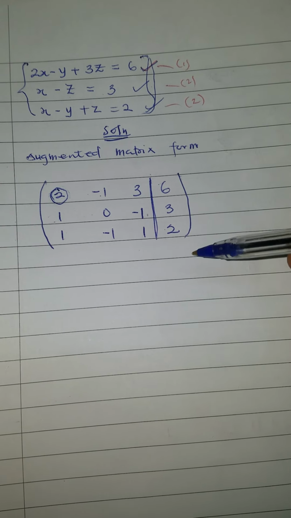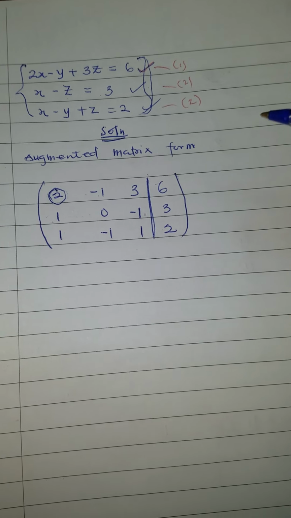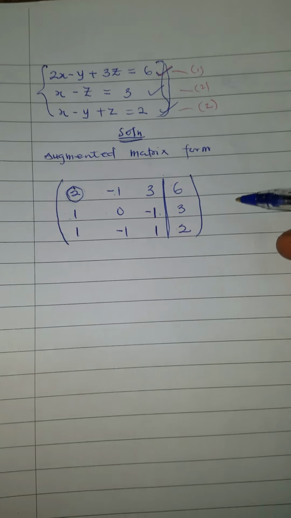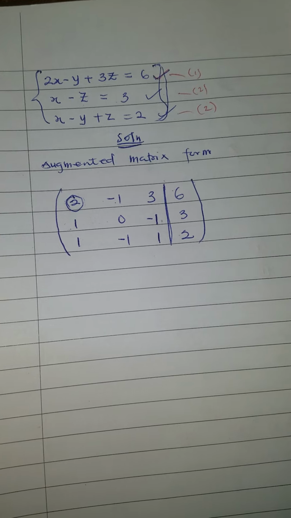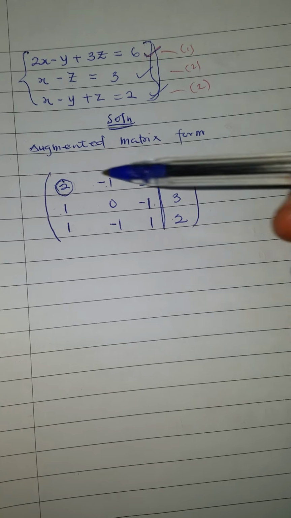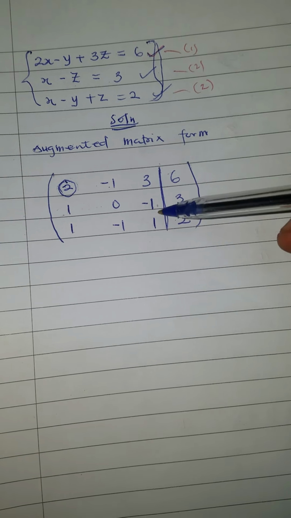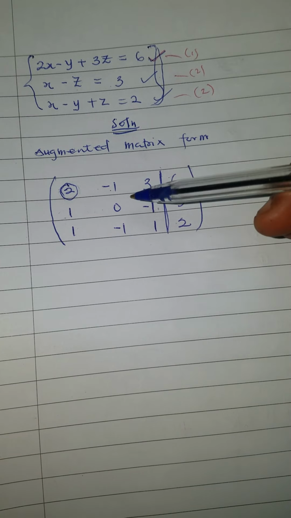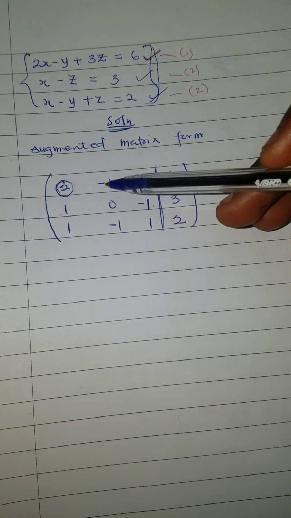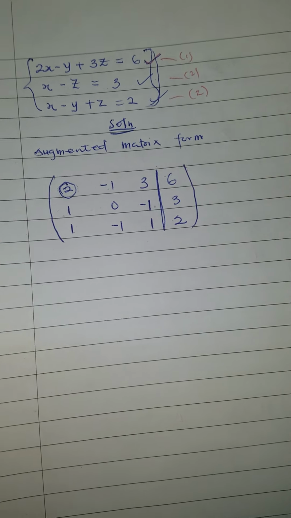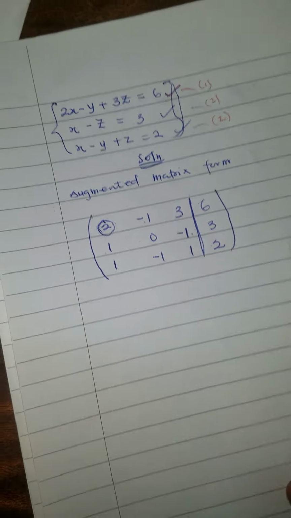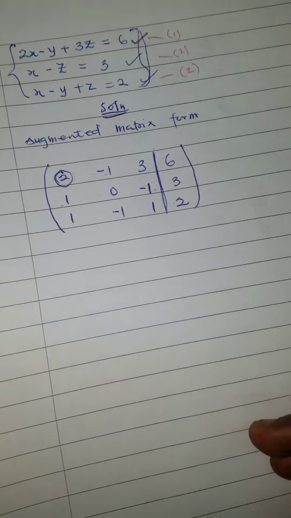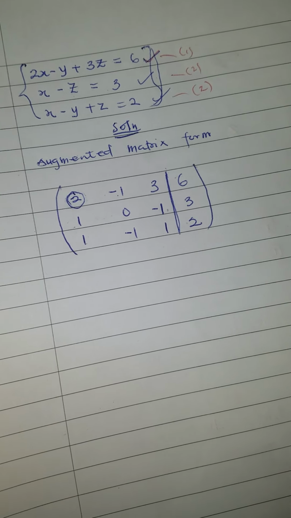Don't try to solve it in fraction form. It can be solved, but it makes the work very difficult. So in this form we are exchanging rows. We want to exchange row 1 with row 2 to make this value here 1. That can make it as simple as it is.